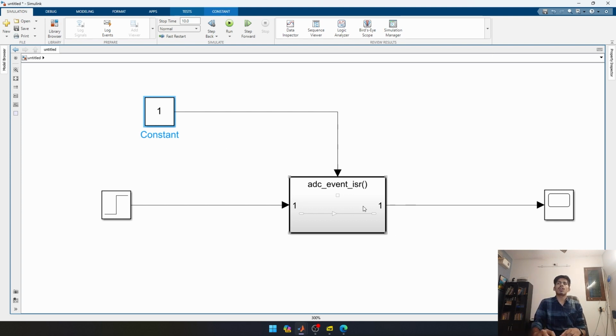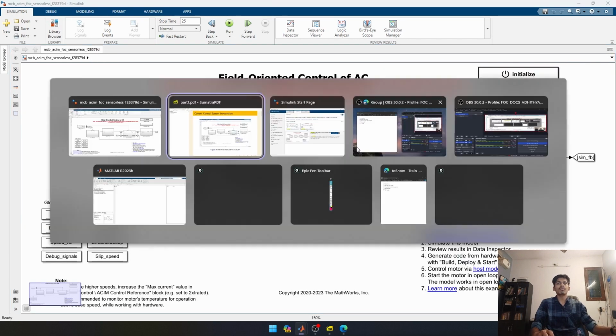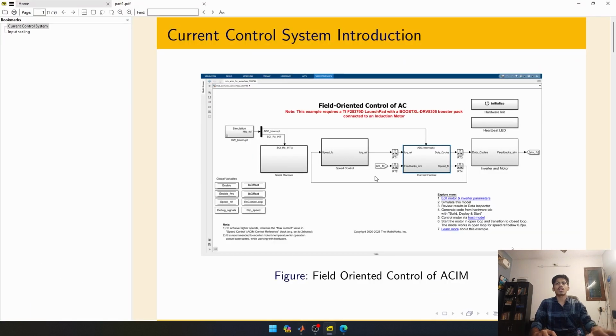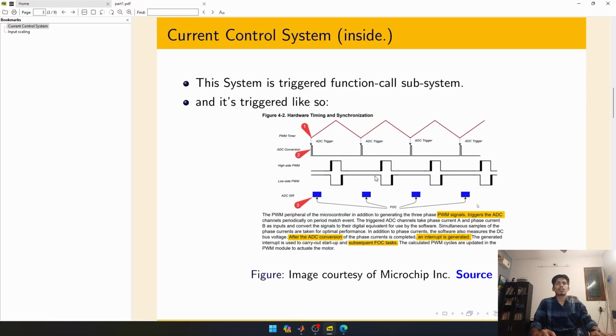So you can do things like that. So this is how to create a function triggered subsystem. So this is how we created an interrupt service routine.